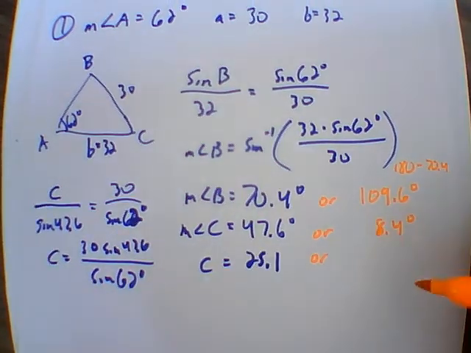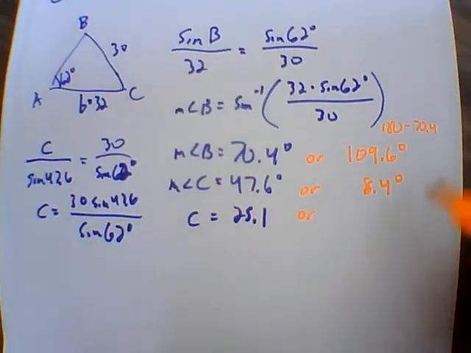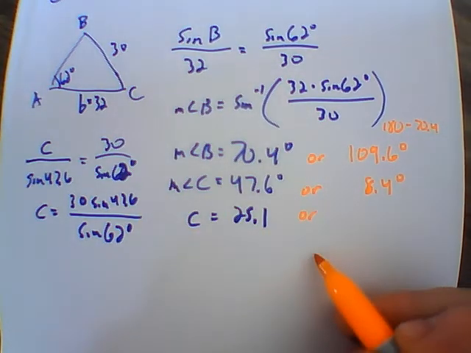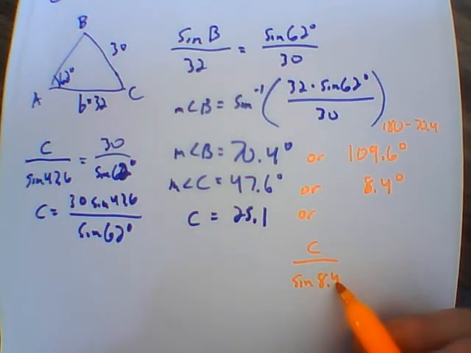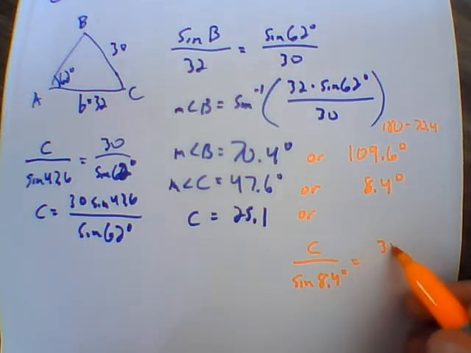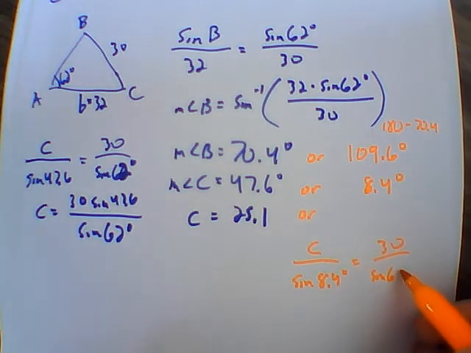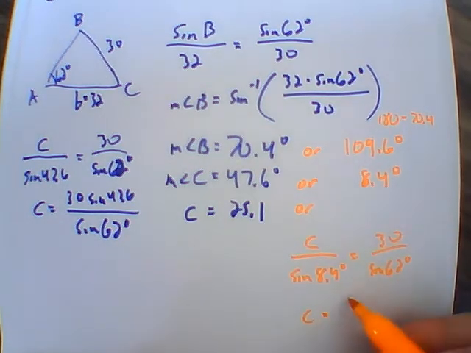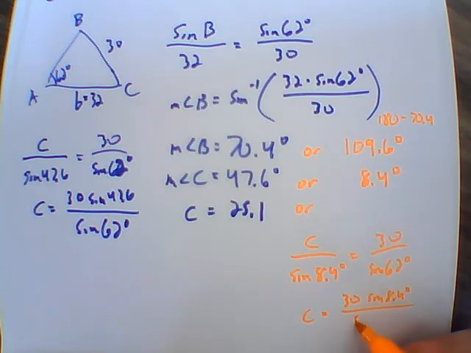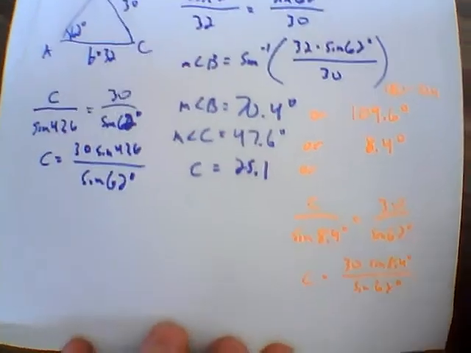But now if we wanted to find side C to this, once again we would state that C over sine of 8.4 degrees equals 30 over sine of 62 degrees, in which then C equals 30 times sine of 8.4 degrees over sine of 62 degrees.